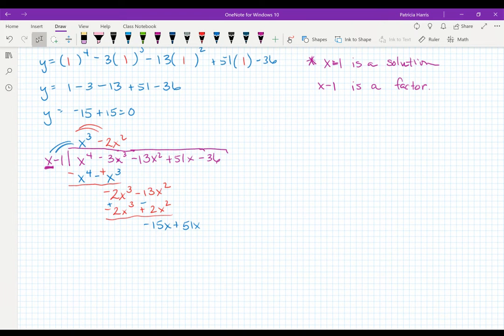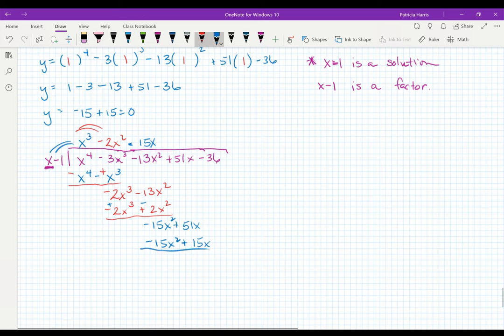We're going to multiply again. Negative 15x, so we need a 15x. Negative 15x squared, and then negative 15 times a negative 1 would give me a positive 15x.